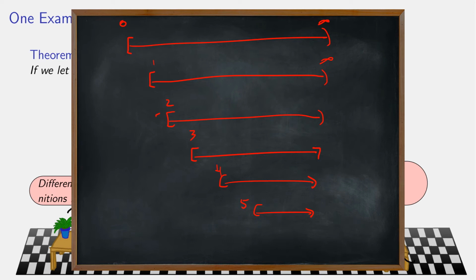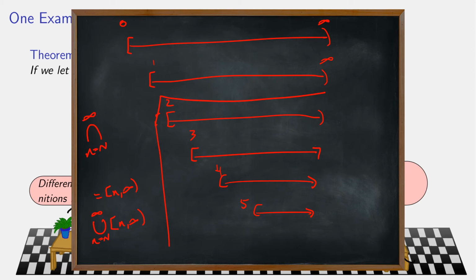Now what happens if I were to take the union starting at capital N and going to infinity of these intervals? Well, the union would just be the first thing. So if I took the union from 2 and beyond, I'm really just going to have the interval from 2 to beyond. So this is just going to be the interval from N off to infinity. What about the intersection?